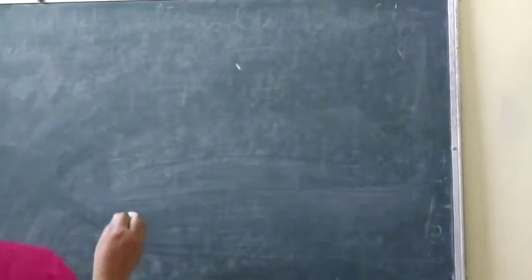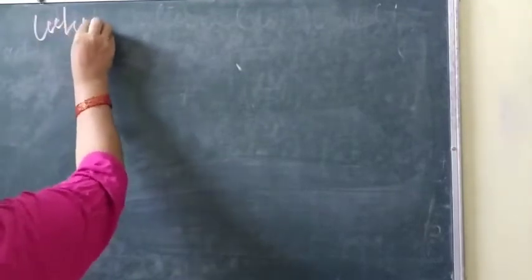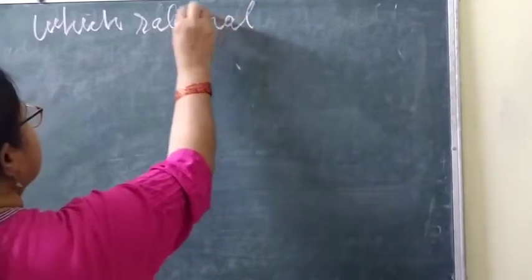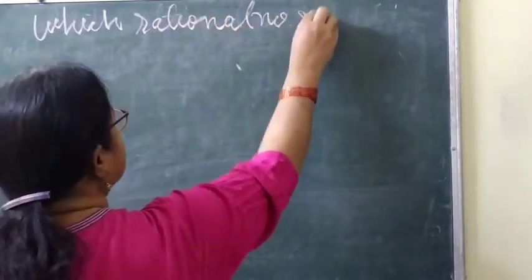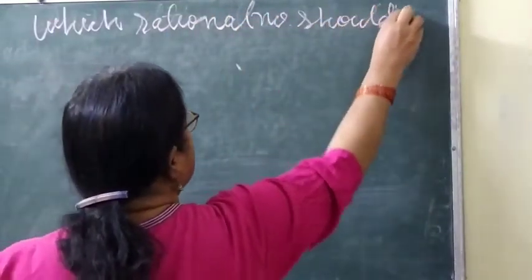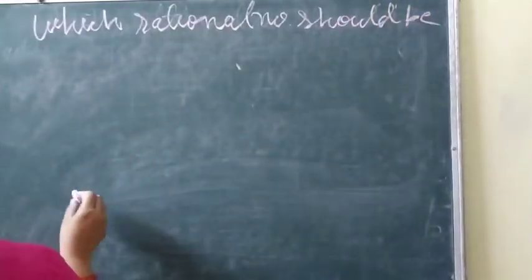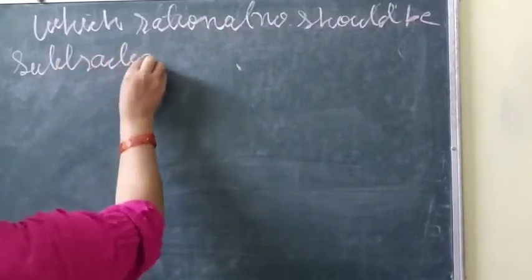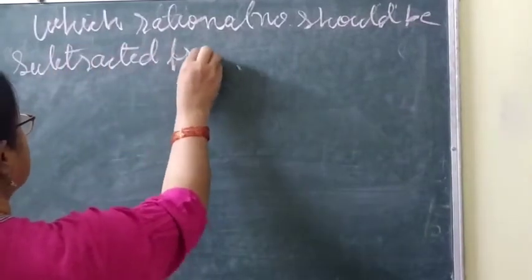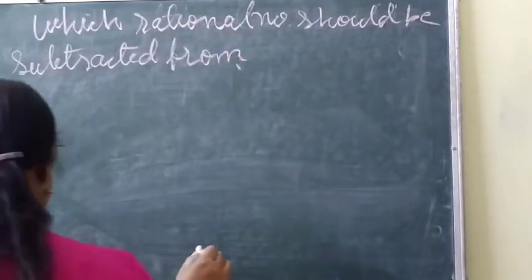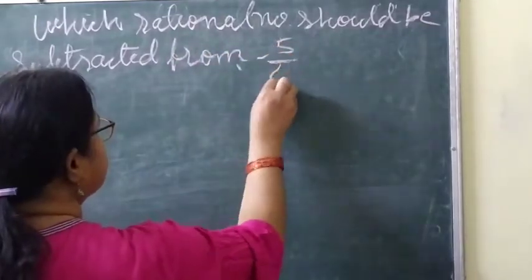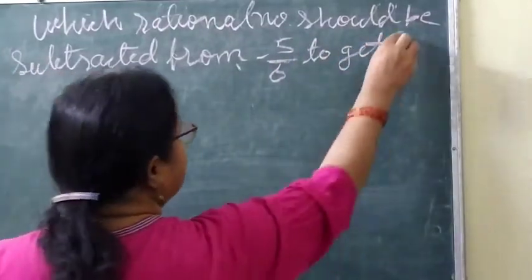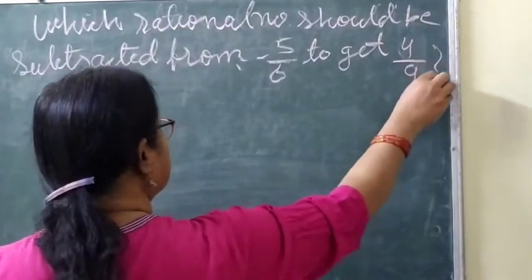Which rational number should be subtracted from minus 5 by 6 to get 4 by 9?